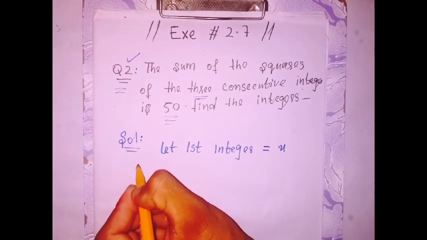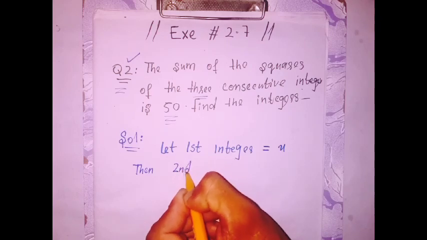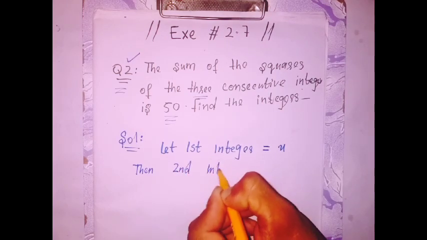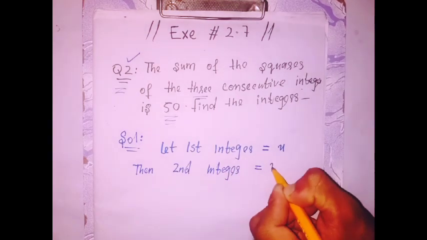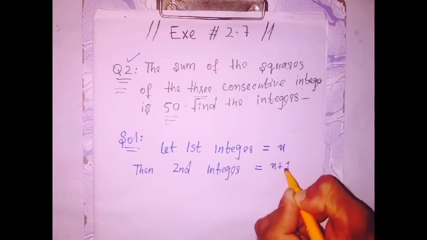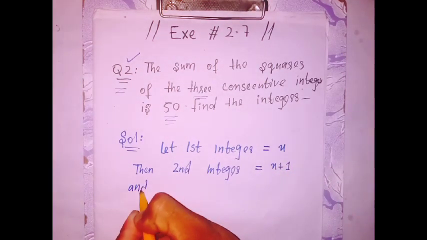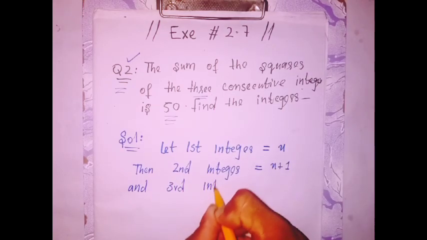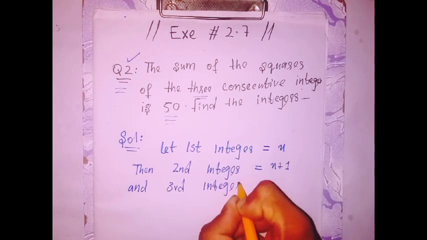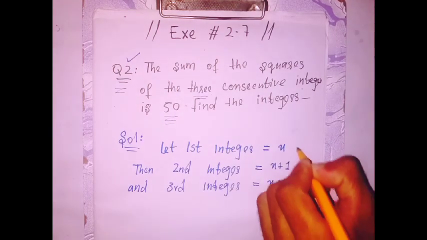Then the second integer will be x plus 1, and the third integer we will put as x plus 2. So here we have three consecutive integers.